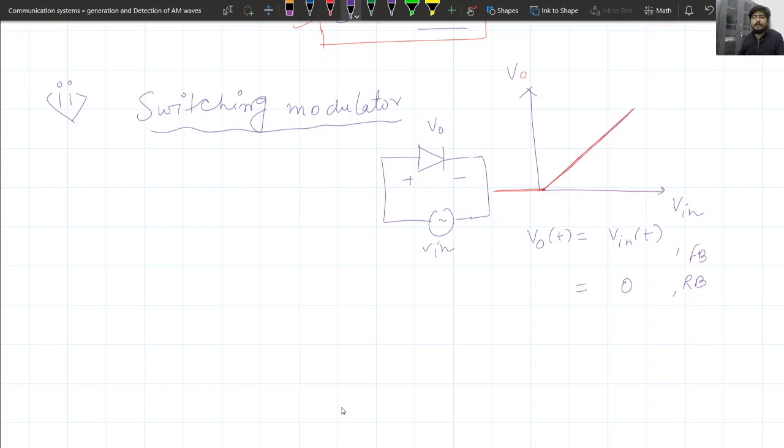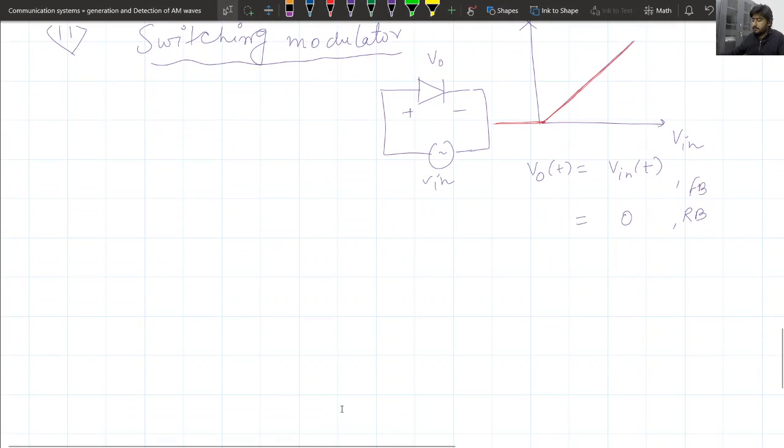So it has a switching behavior. So let's draw the circuitry behind the switching modulator. Once again we will do the addition of both the waves.